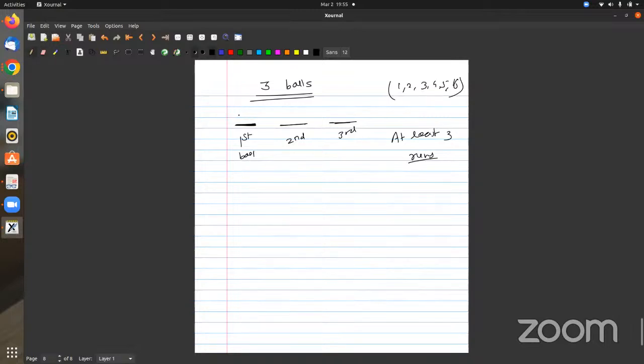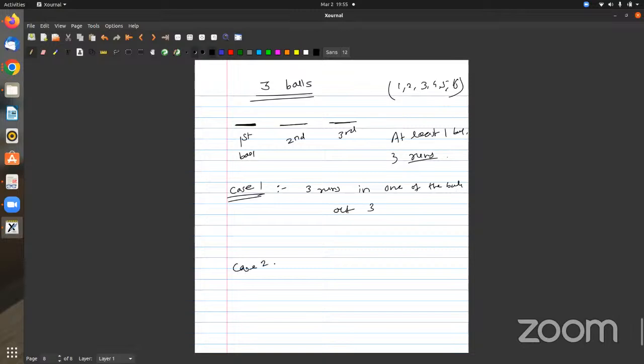And one more thing is, maybe he can score 3 runs in the first ball, or maybe he can score 3 runs in the second ball, or he can score 3 runs in the third ball. So first case is, let's say case 1. Case 1 is at least 3 runs in one ball, so he can score 3 runs in one of the balls out of 3, right?